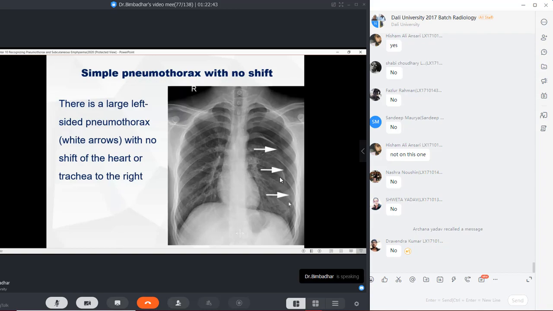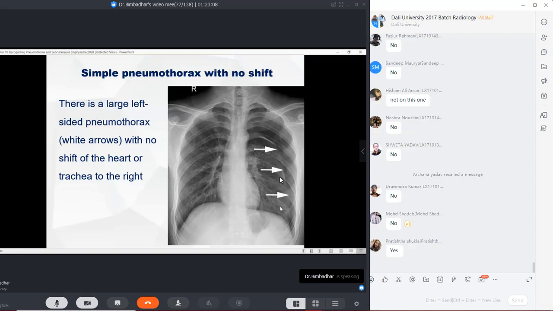And if I look closer, I can see a thin visceral pleural line, and the lung is retracting towards the hilum. Compare the area present here medially to the density here. You see there is a compression atelectasis here. That's what we were talking about before.